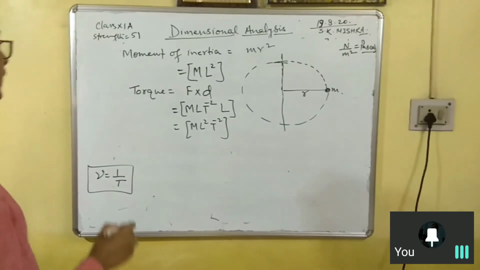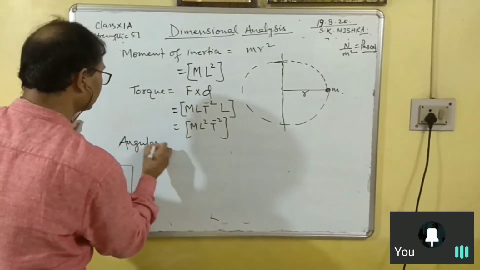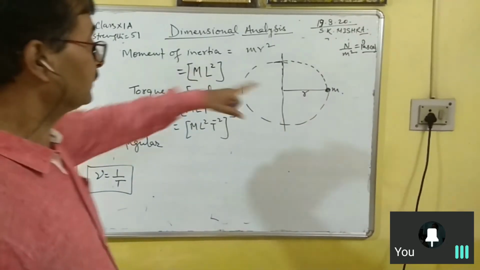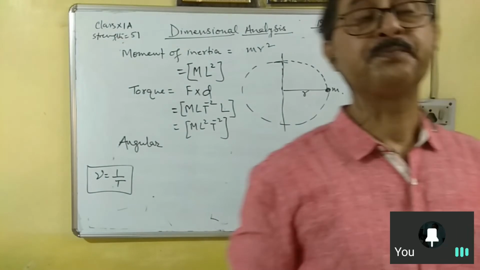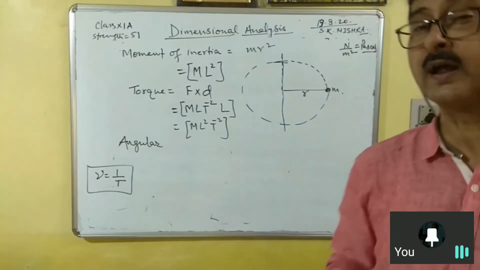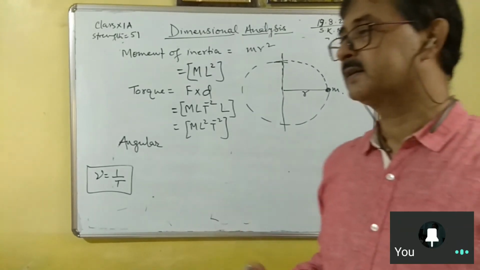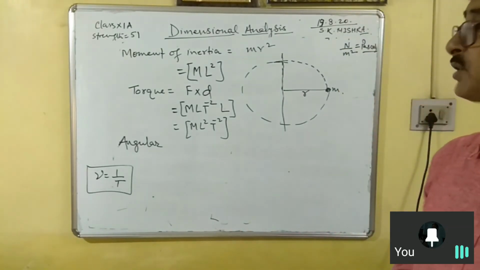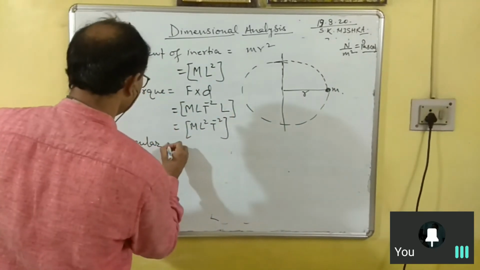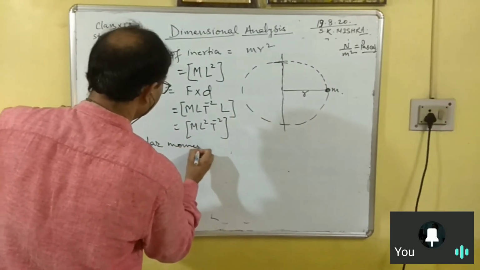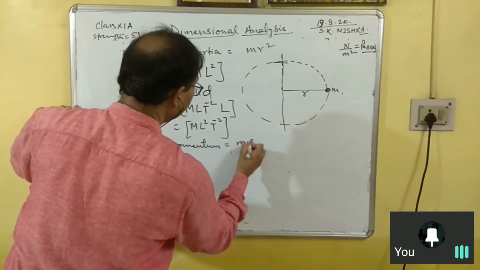Now angular momentum, and linear momentum. If a particle rotates about some axis, then the momentum it has is called angular momentum. If it is going in a straight line, then the momentum possessed by the body is called linear momentum. Angular momentum is equal to m v into r.